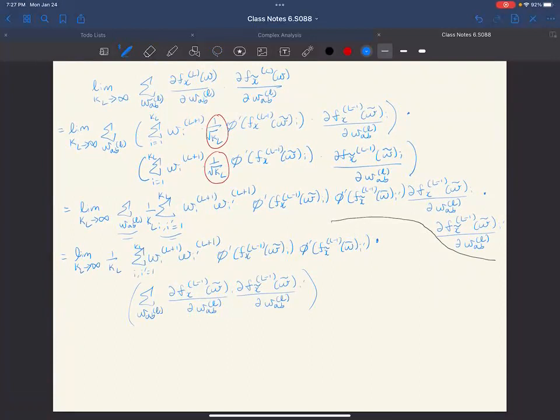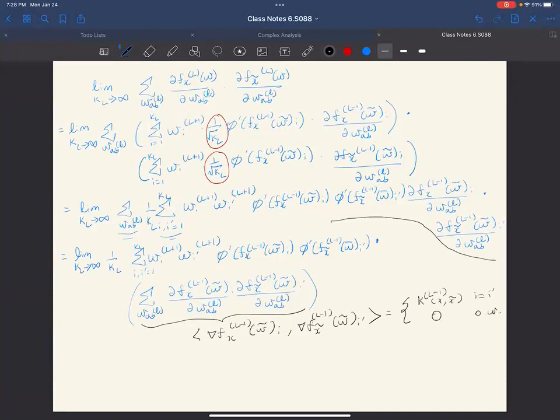So now we can actually recognize, in black here, this sum is actually just what we wanted. It's this inner product of gradients of an L minus 1 layer network. But remember that this sum from the previous page, K_{L-1} of x tilde, is only non-zero if i equals i prime, and it's 0 otherwise.